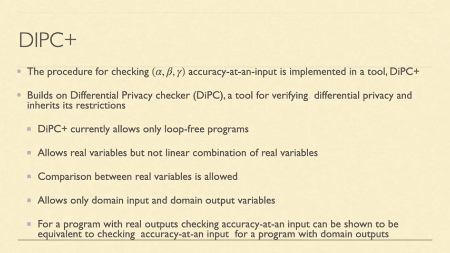Note, just having only finite domain input and output variables still allows us to verify accuracy at an input for programs with real variables, as we just saw that the accuracy for such programs is equivalent to checking accuracy for programs with finite domain output variables.